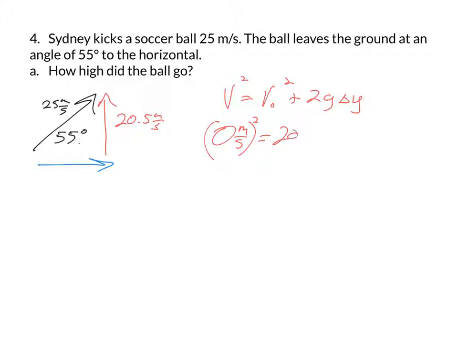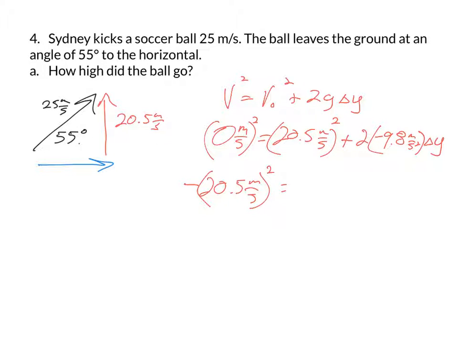My initial velocity, we just solved for, also gets squared, plus 2 times negative 9.8 multiplied by change in Y. Let's subtract that 20.5 meters per second out of there. It's squared, and you should have seen this enough that I can just do it that way.